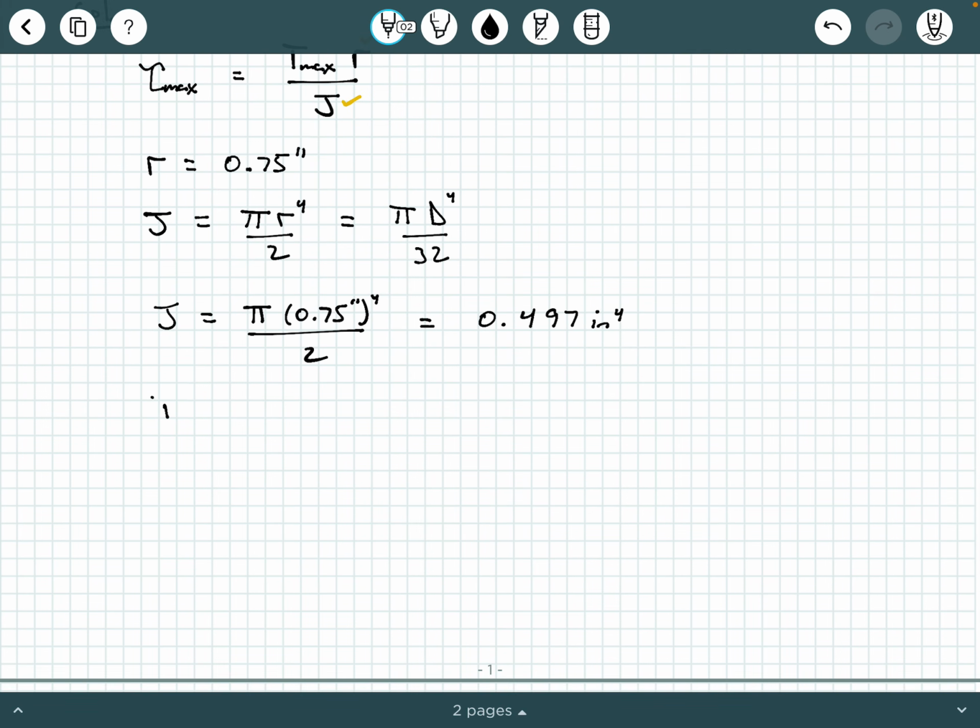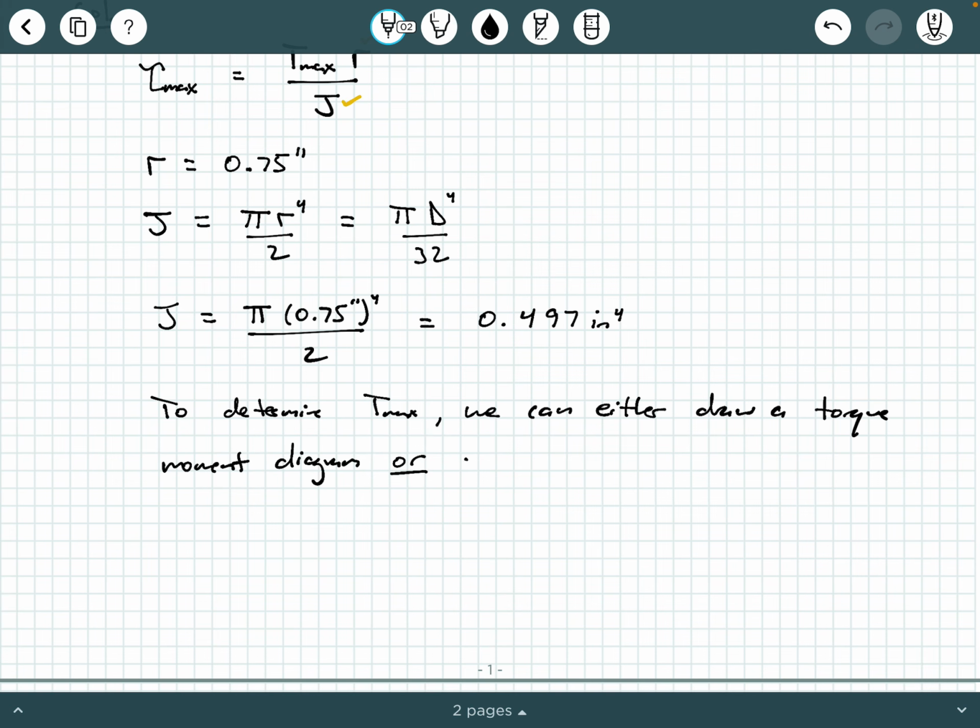So let's write this down. To determine T max, we can either draw a torque moment diagram or use method of sections.